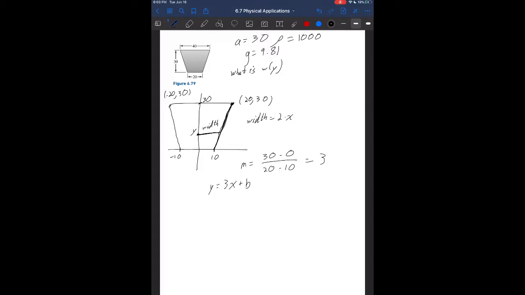We can take this coordinate that we have of 10, 0, plug it in in order to solve for b. So we have a y value of 0 equals 30 plus b, which implies that b is going to be equal to negative 30.